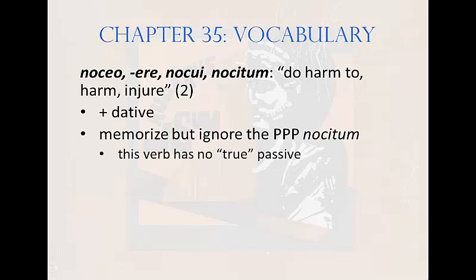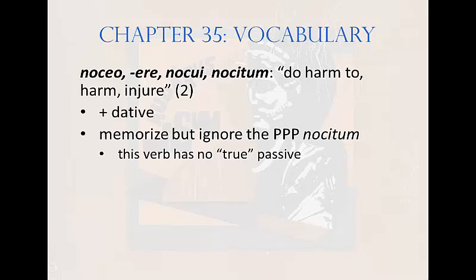No true passive. Nocitum is necessary to see how to form nociturus, the future active participle, which is used in the future active infinitive, which is seen often in indirect statement. So you need to know the perfect passive base nocit, but you won't actually see it as a real passive, because this verb doesn't have a real passive.